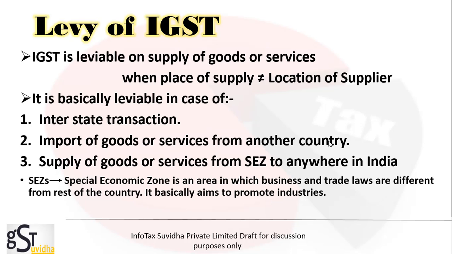But now in IGST, it is levied when place of supply is not equal to location of supplier. So it is basically leviable in case of interstate transaction, import of goods or services from another country, supply of goods or services from SEZ to anywhere in India.